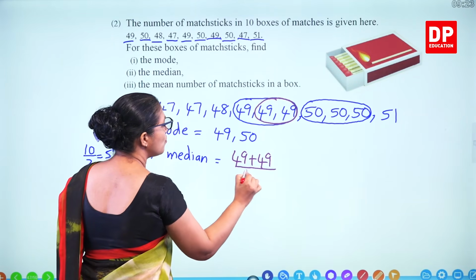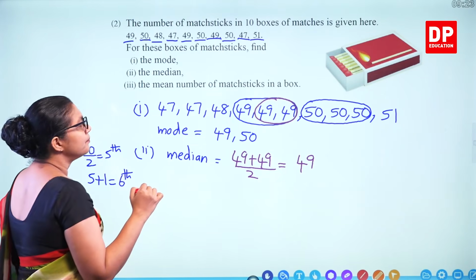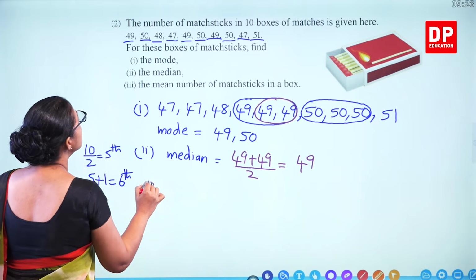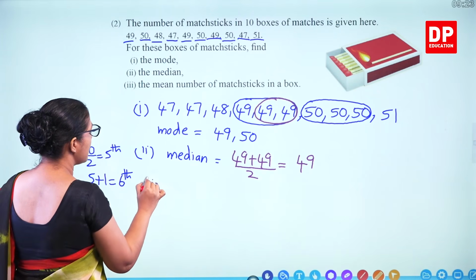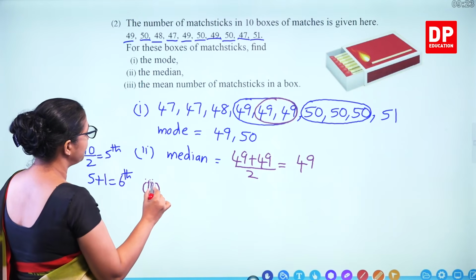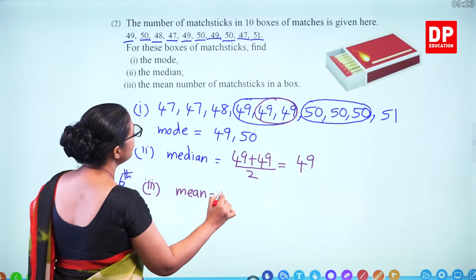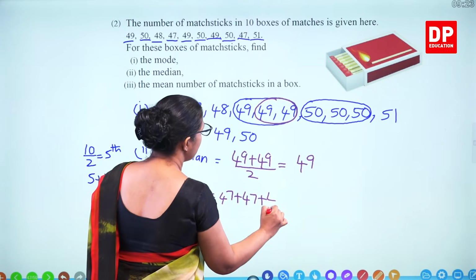Divide by 2, you get 49. That's median. Third, mean number of matchsticks. So take the average. Add everything and divide by 10.